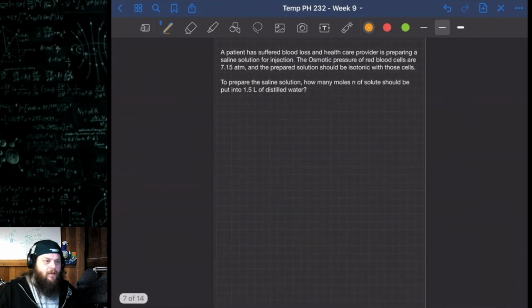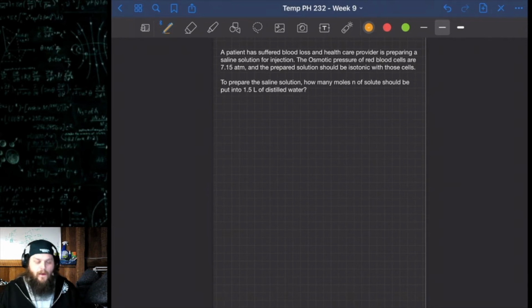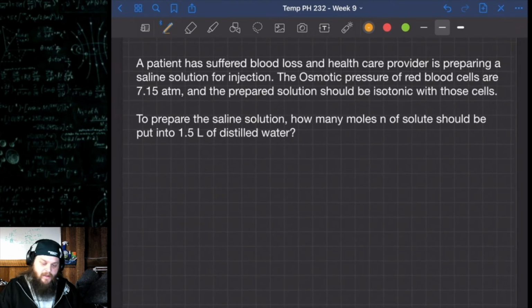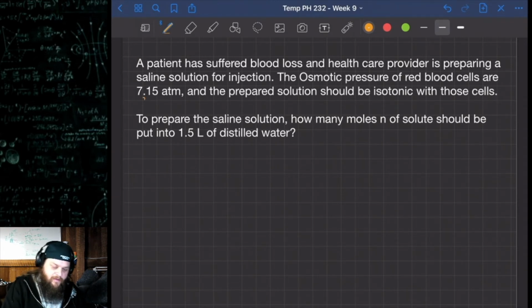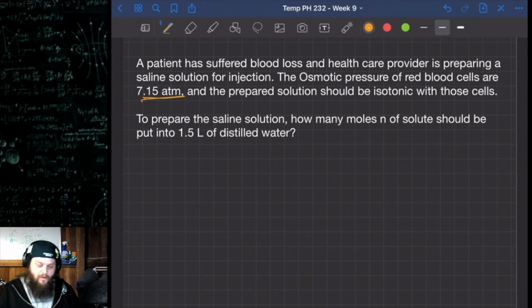So we're going to have a multi-step problem here, where we have a patient that has suffered blood loss, and the healthcare provider is providing a saline solution for injection. The osmotic pressure of the blood cells is 7.5 atmospheres, and the prepared solution should be isotonic with those cells.